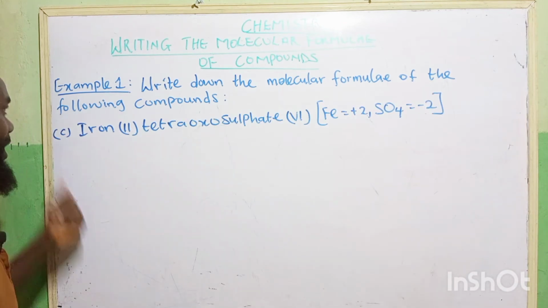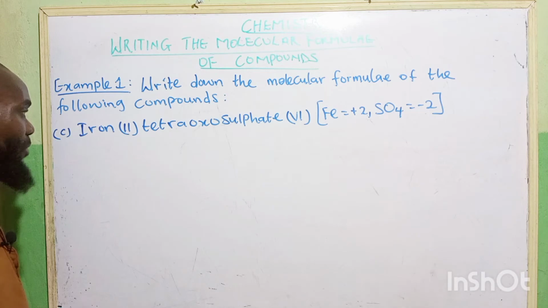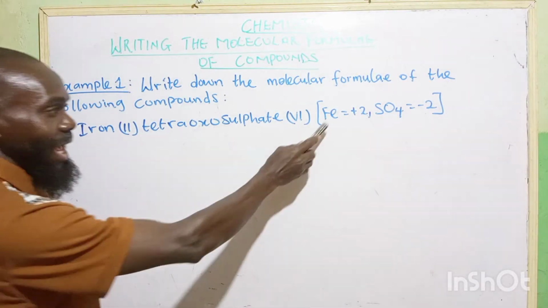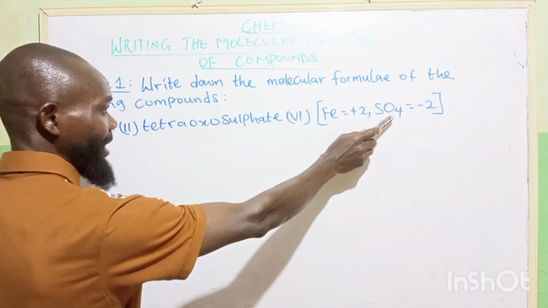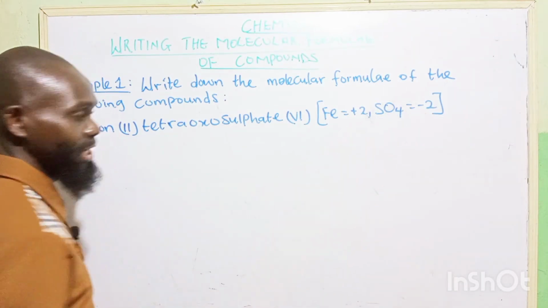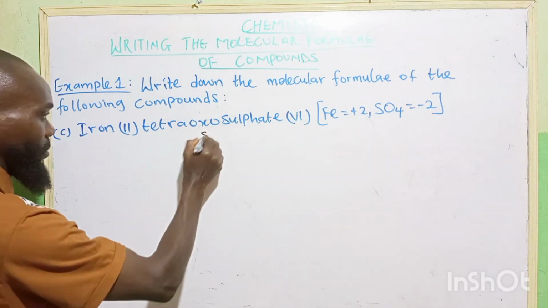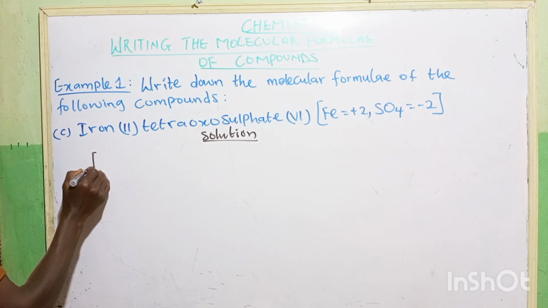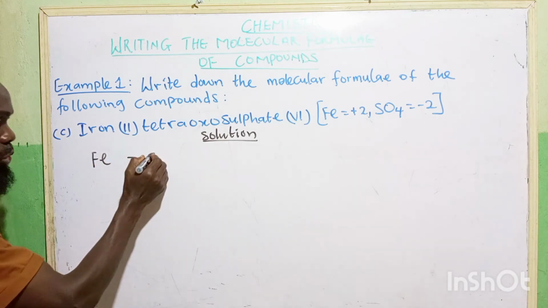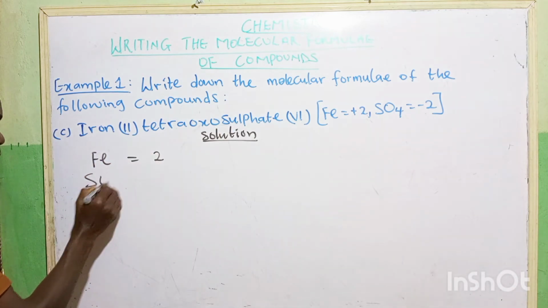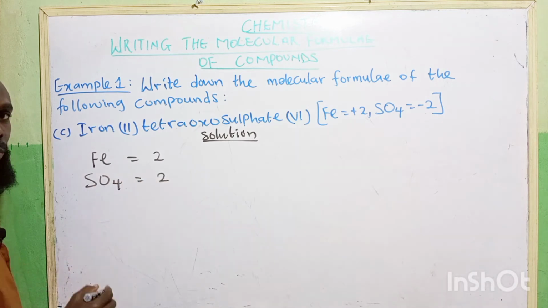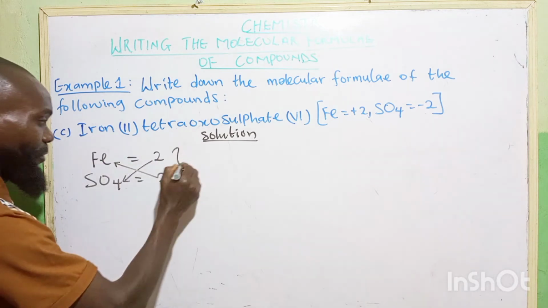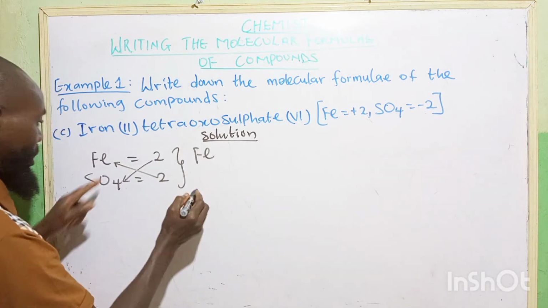Next question. Want to write the chemical formula of iron 2 tetraoxosulfate 6, where my iron is +2, tetraoxosulfate 6 is minus 2. We have Fe equals to 2, then SO4 also equals to 2. We cross multiply, so we have Fe 2 is coming.